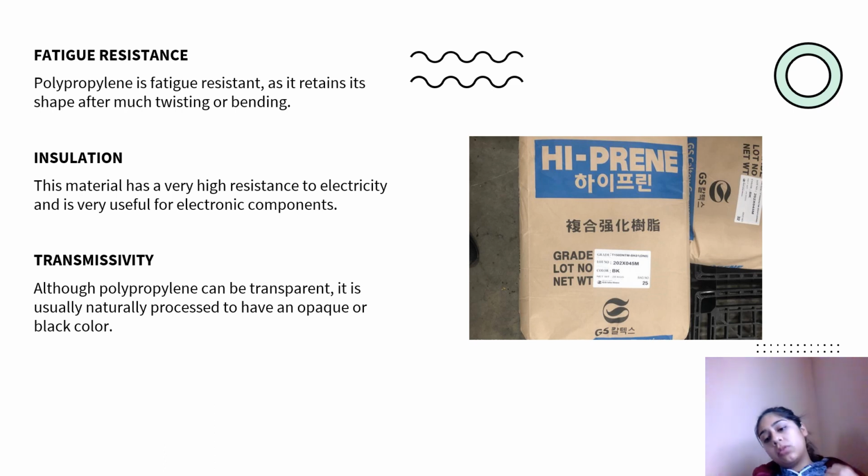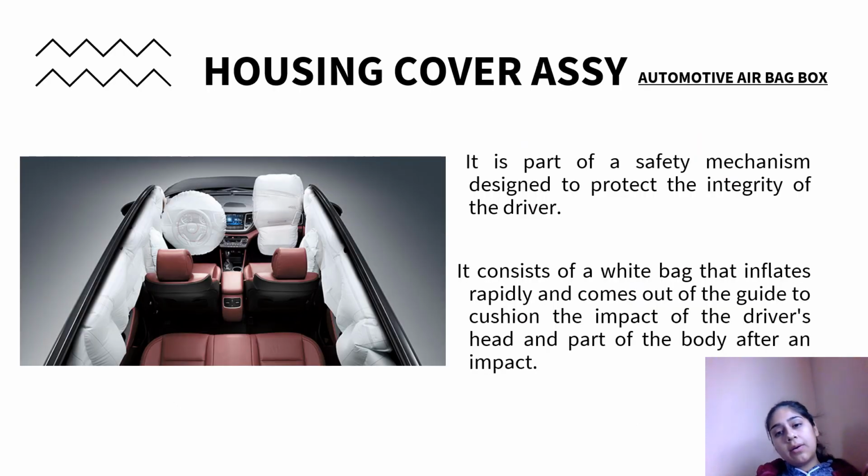The example of the product that I chose in automotive fabrication is the housing cover of an automotive airbag box. It is part of the safety mechanisms designed for the integrity of the driver.